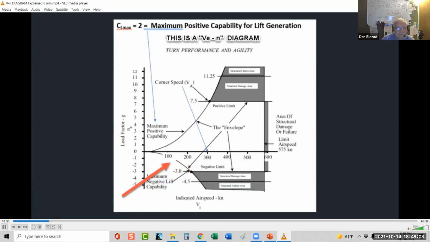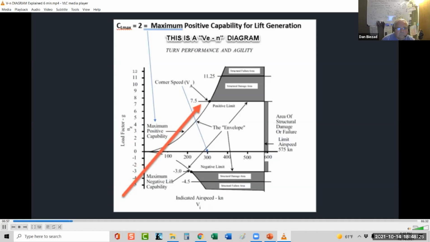And this is a plot at maximum angle of attack or maximum lift, which is C sub L equal to 2. So you can hold a maximum angle of attack anywhere on this plot shown by the red arrow, up to a maximum load factor of 7.5 Gs.